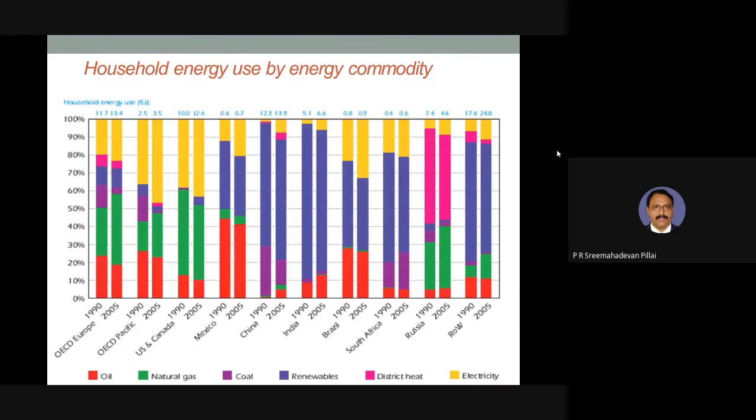People are marking the attendance today. Ashwin Raj has written Germany. Elizabeth has written India. It is true that percentage-wise, India is the highest user of renewable energy.